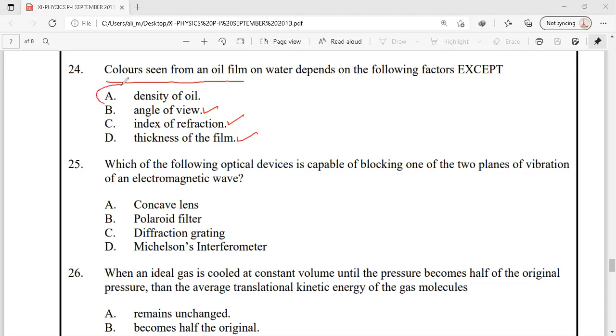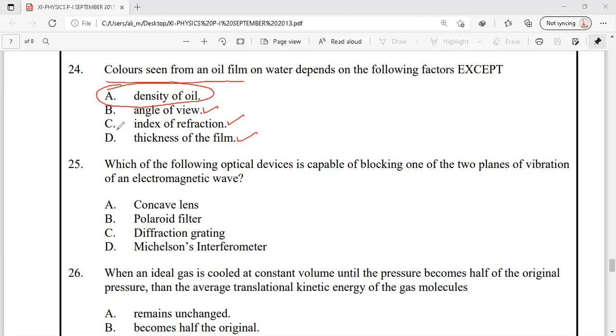The factor that does not affect this phenomenon of colors on a thin film of oil is the density of the oil. The remaining are the factors that will affect this phenomenon. So option A is our right answer.